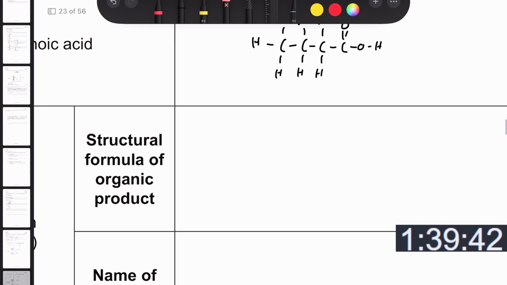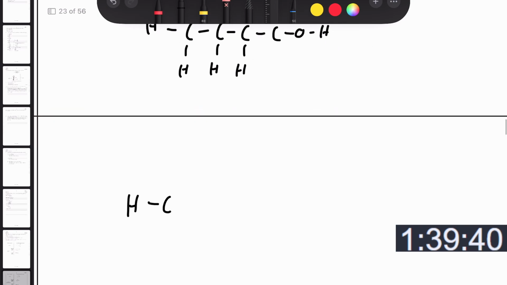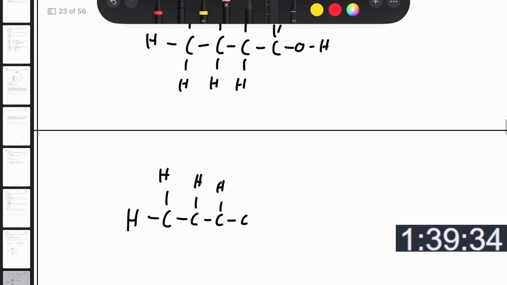So the organic product is just going to be the carboxylate. So 4, OO minus.